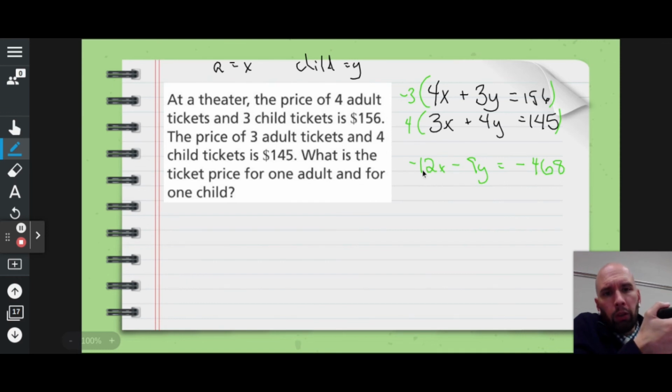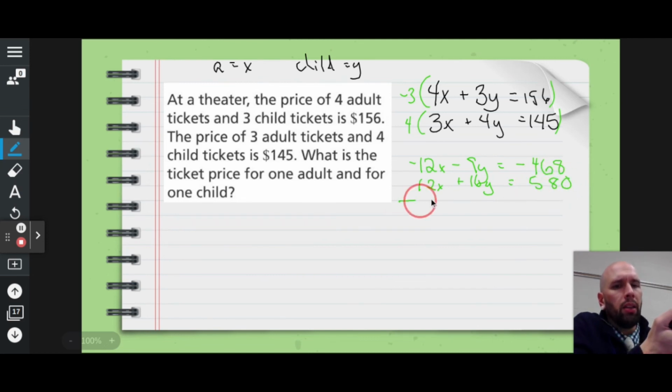So I got on the bottom equation regular 12x plus 16y equals 4 times 145. 580. Oop, I'm talking too much. 4 times 145, it's 580.